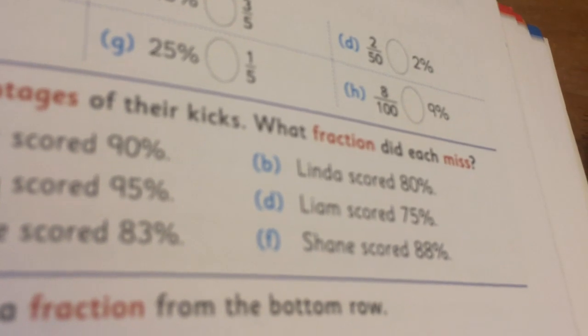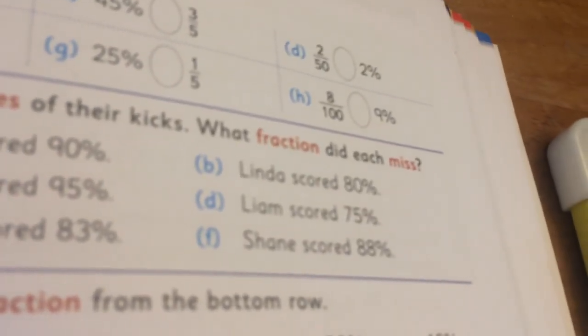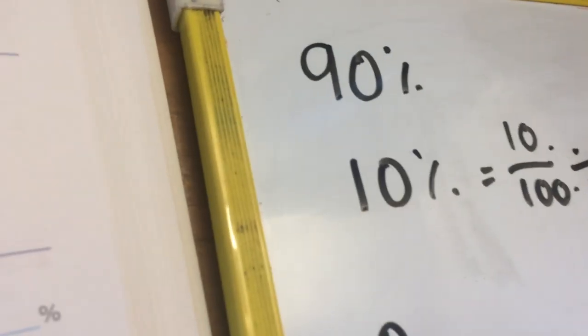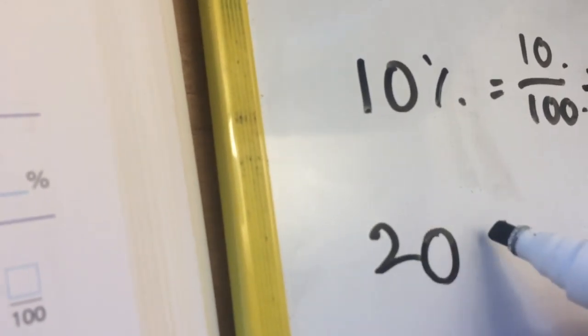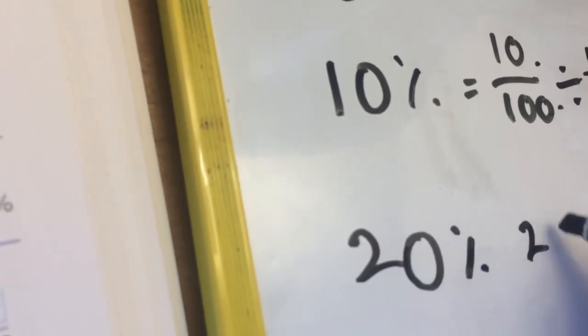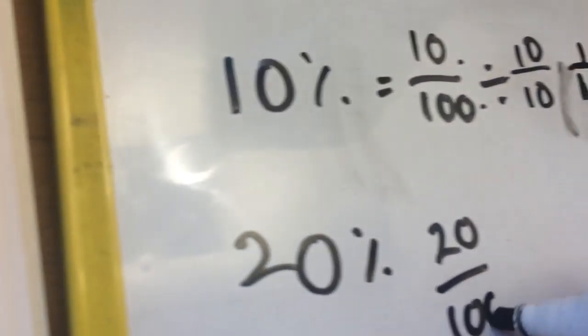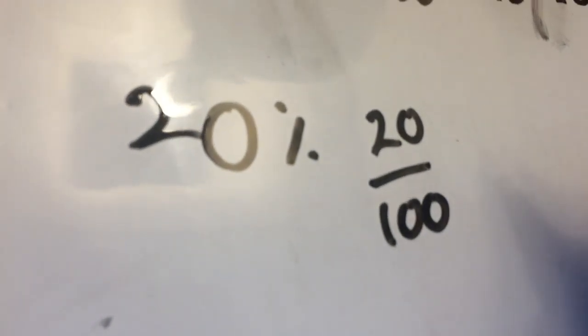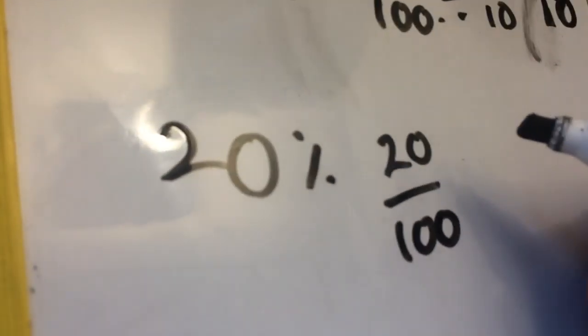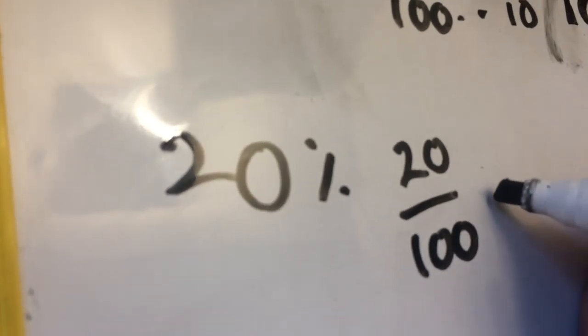All right. I'll have another quick look at the next one, just to give you an idea. B. So we've got Linda. Linda scored 80%. So what fraction did she miss? Right, she missed 20% of her kicks. So now we know that 20% is 20 out of 100, and we want to simplify it, make it easier. So before, if we wanted to get to 100, we usually multiply, but if we want to make it simpler, we divide.